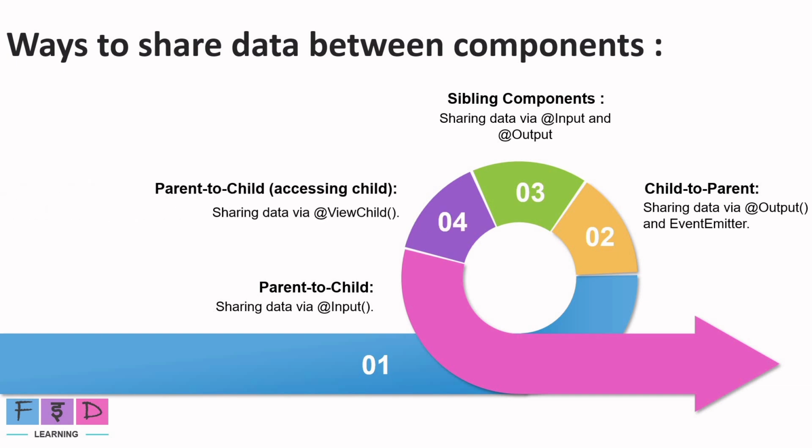Fourth, parent to child using ViewChild. In this scenario, a parent component accesses and updates data in a child component, and we will explore how to achieve this using the @ViewChild decorator. And last, sharing data between unrelated components via a service. Now, let's understand each concept one by one along with examples.